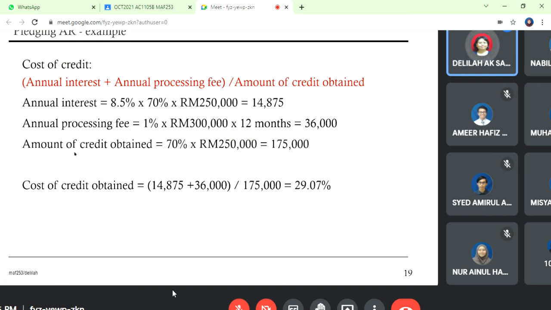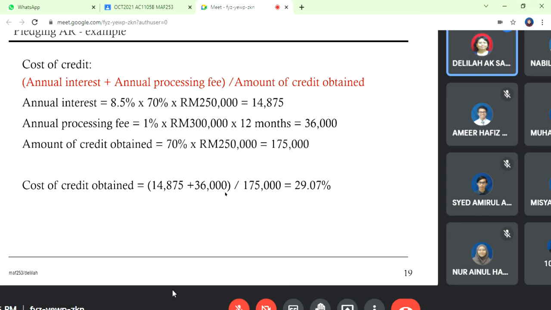So the amount of credit given by the bank to your company, this is the borrowing, is 175,000 ringgit. So what is the effective cost of the borrowing? Interest plus processing fee divided by the amount that you receive from the bank.